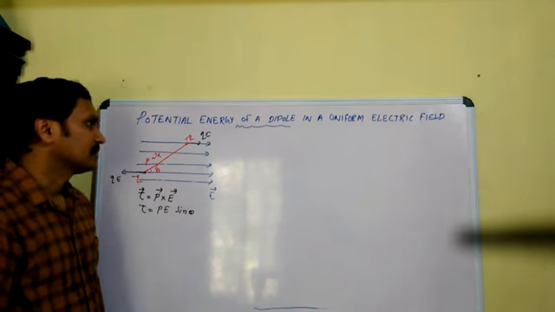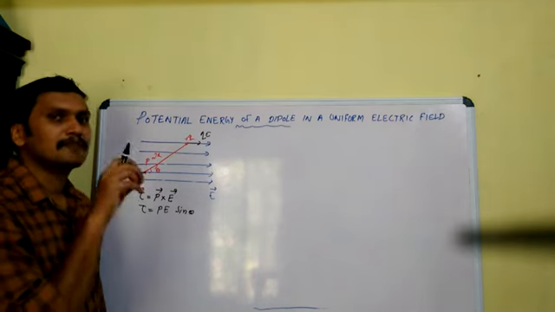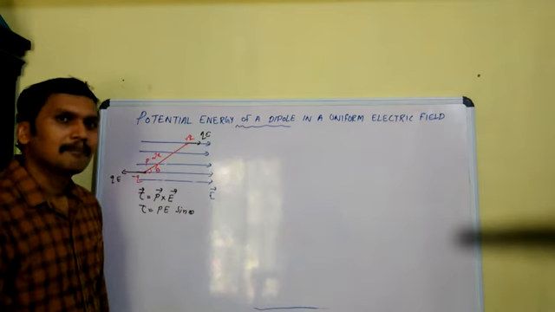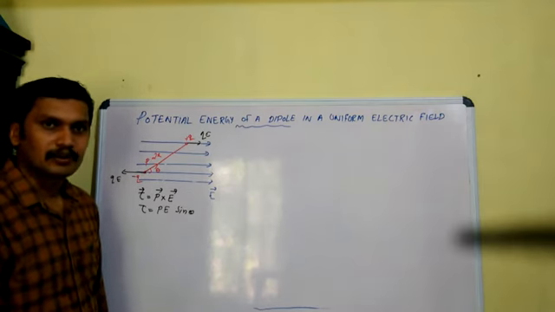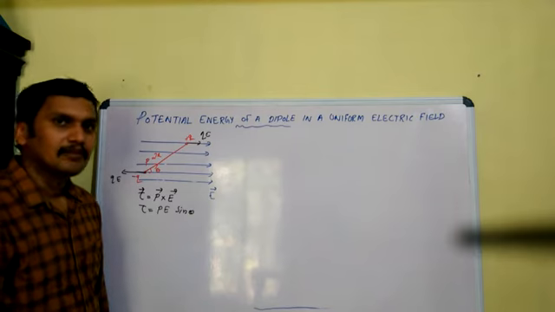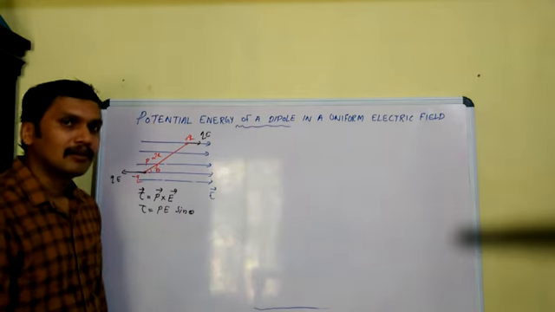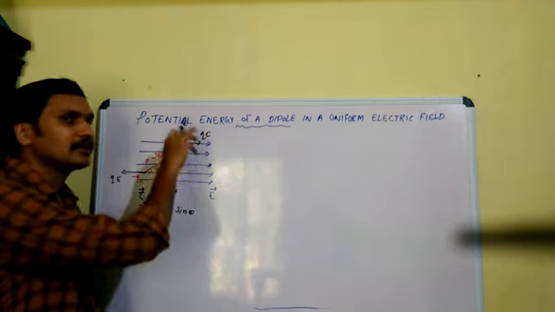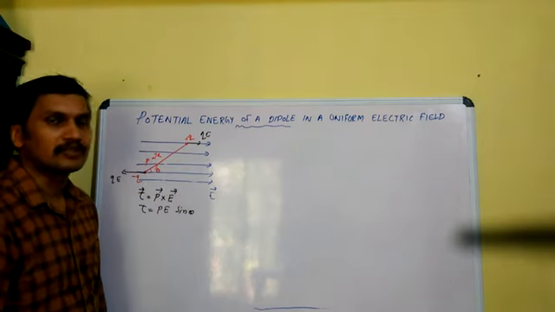Suppose we are trying to change the position of this electric dipole by applying a small external torque. By applying a counter torque, we are trying to change the alignment of this dipole in this uniform electric field.